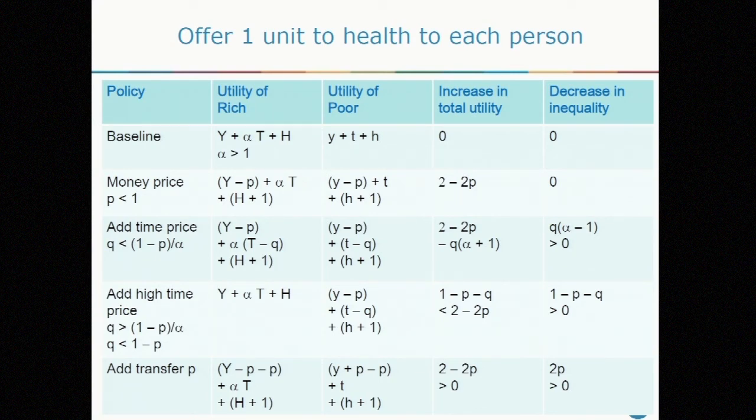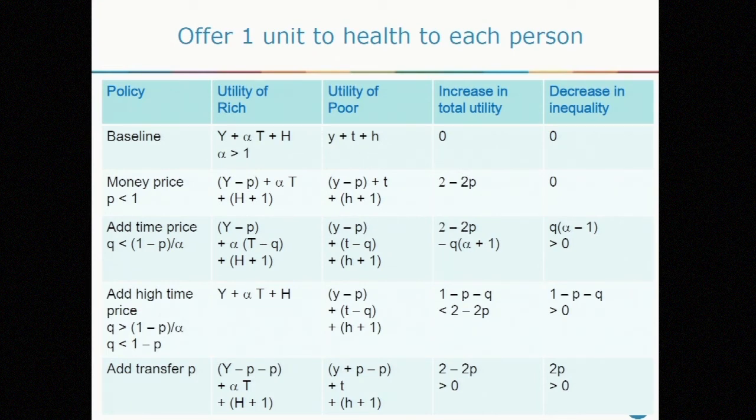Now the increase in total utility is the 2 minus 2P we had before, minus this time cost, which aggregated over the two people is Q times alpha for the rich person, Q times 1 for the poor person. So the increase in total utility is obviously less because we've imposed this time cost on society. Now there is a decrease in inequality because the time cost hurts the rich person more than it hurts the poor person.